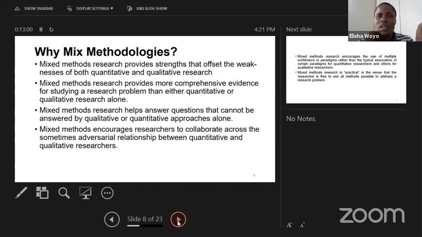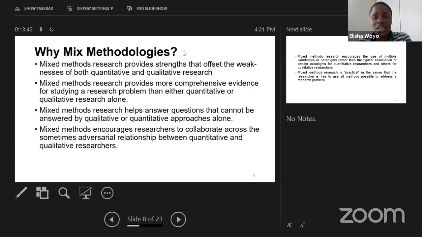So the reason why we normally mix the methodologies is because we would have found that doing qualitative alone is not going to help us achieve or answer the research question. If you realize that your research question cannot be answered by one methodology, then there is need for you to mix the methodologies, because each methodology has its own strengths and its own weaknesses. But if the problem at hand cannot be understood from only one angle, like qualitative, you need a quantitative mix in it, then there is need for you to mix the methodologies.